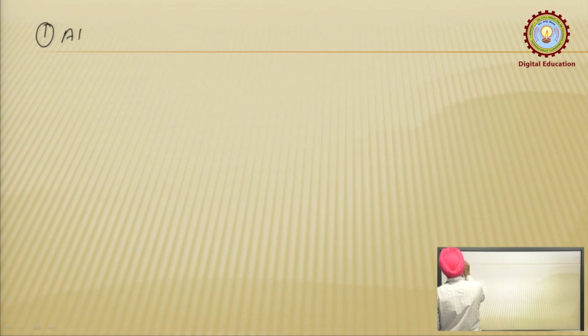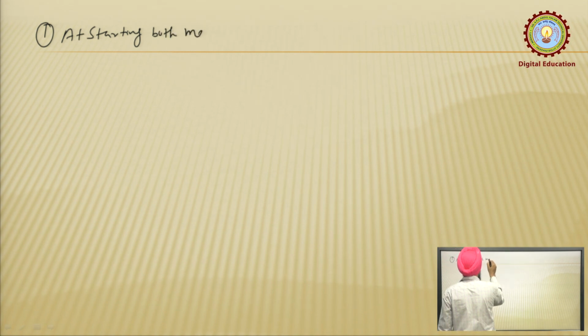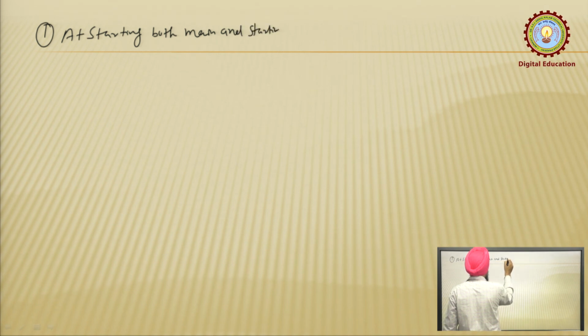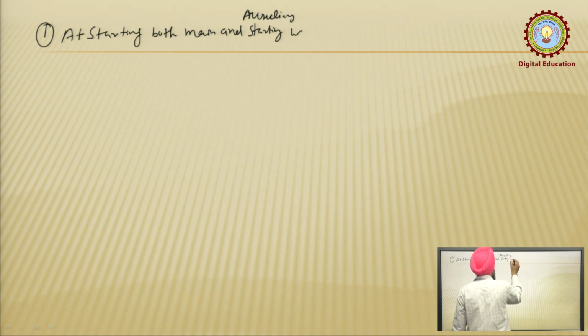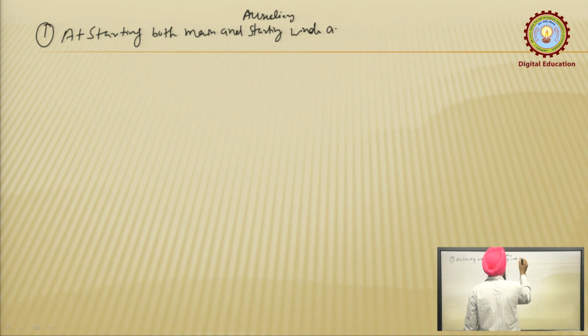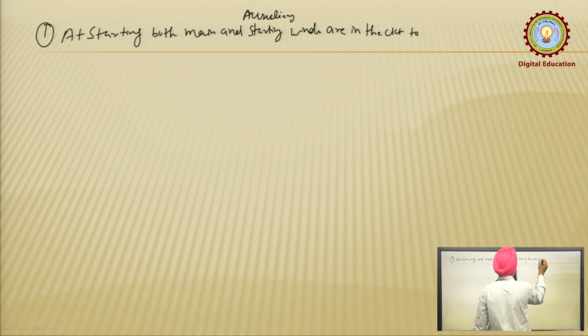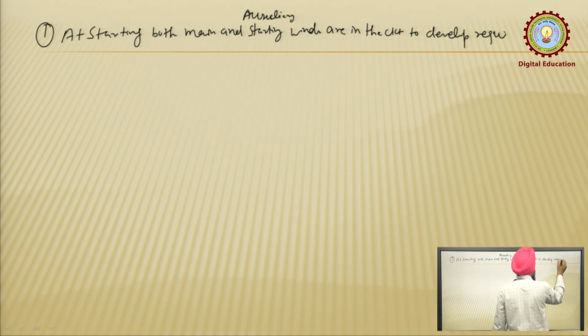At starting, both the main and starting or auxiliary windings are in the circuit to develop the required starting torque.